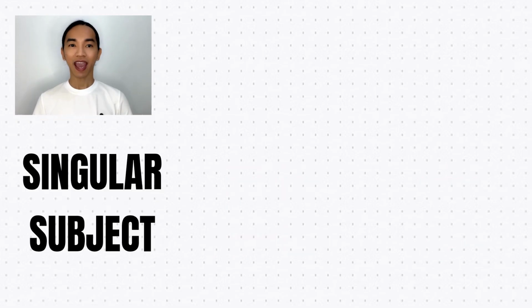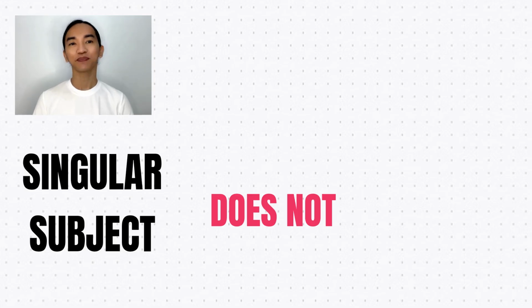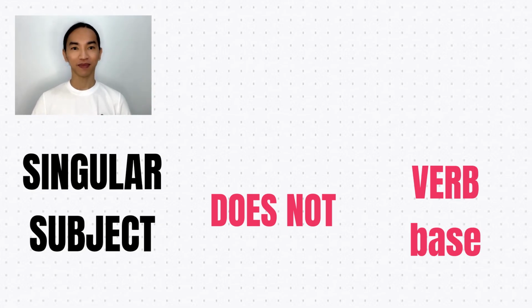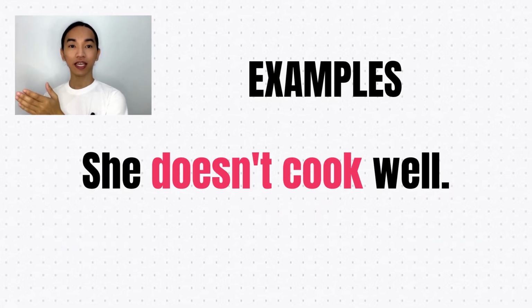Now, if your subject is singular, we have to use does not. So, singular subject, does not, and then verb base form. Example, she doesn't cook well. One more time, she doesn't cook well.